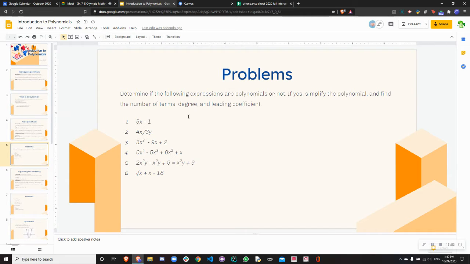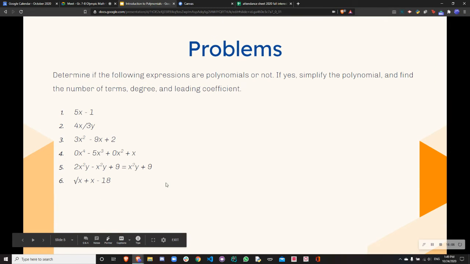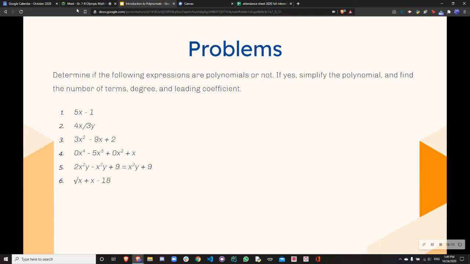What's the degree? Remember that we have to look at the exponents for both x and y, so keep that in mind. Does anyone know the degree of the expression? No, remember, we have to consider the exponent of y as well, and add that to the exponent of x.